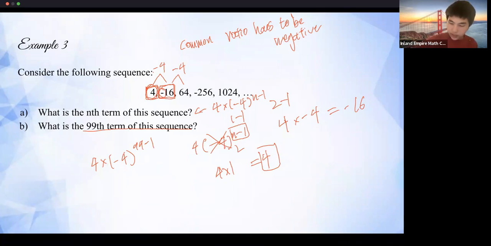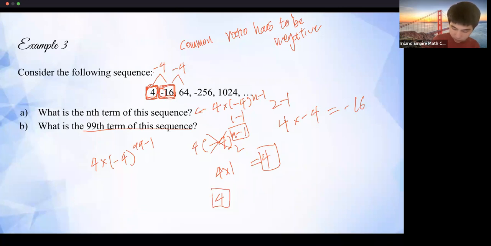Well, because you see, for the sequence, the first number we have is 4, right? And the second number we have is -16. So essentially, we're multiplying each number by the common ratio to get the next number in the sequence, right? So firstly, we write down the first number in the sequence, which is 4.